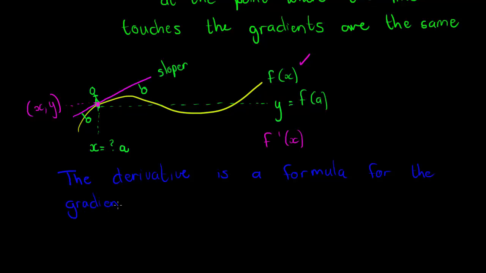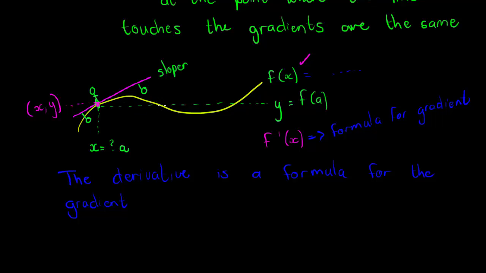In other words, if I've got some expression with x in it and I find its derivative, the answer that I get is a formula for gradient. Now you will notice that at different points on this curve, the skateboard will have a different slope.